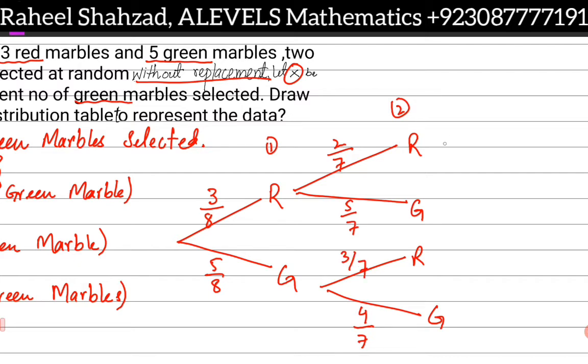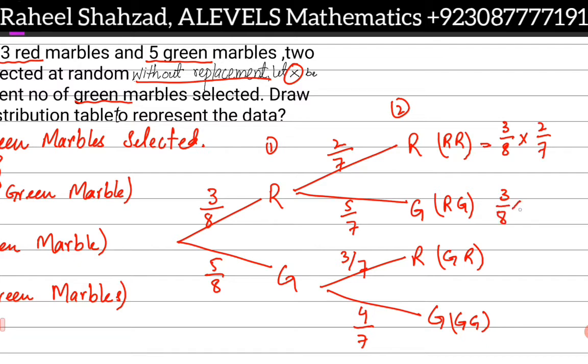So my possibilities are red and red, red and green, green and red, green and green. So these are the possible answers we may get. Red and red would be 3 by 8 into 2 by 7. We know the concept of AND, we multiply probabilities. Red and green is going to be 3 by 8 into 5 by 7.